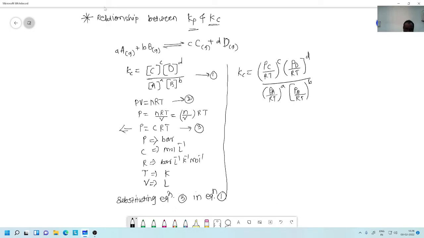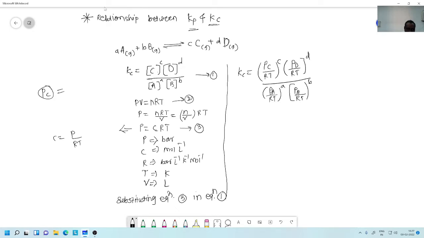So this equation can be rearranged. How can it be rearranged? According to this equation, let's consider the pressure of C, PC, is equal to CRT. If I express C, then C is equal to P divided by RT.